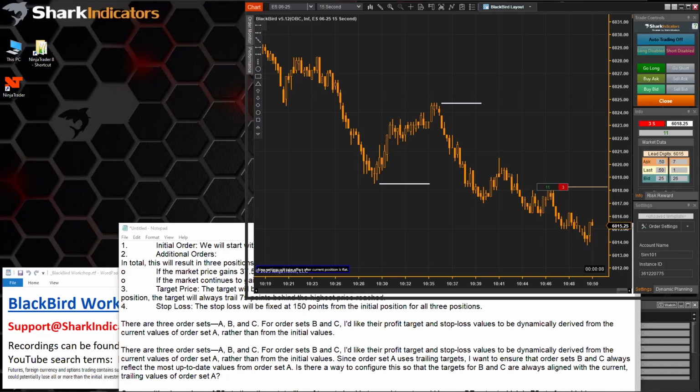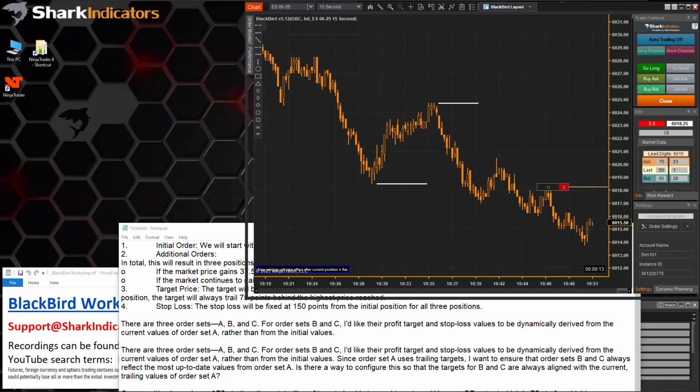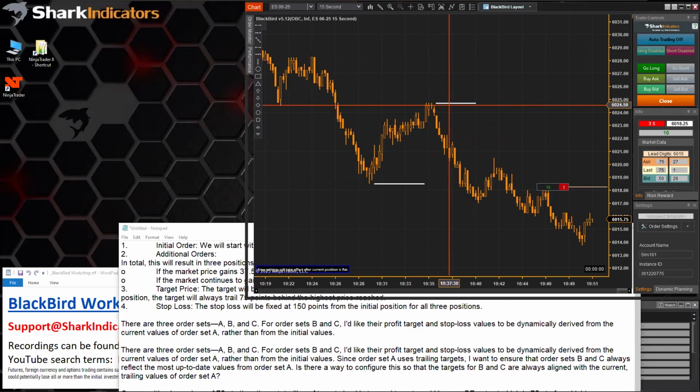Highest price after order entry. Okay, no, that cannot be done. So BlackBird does not wait to place the exit orders. BlackBird places exit orders immediately. So we have to grab a high price or a low price at the time of the entry order.